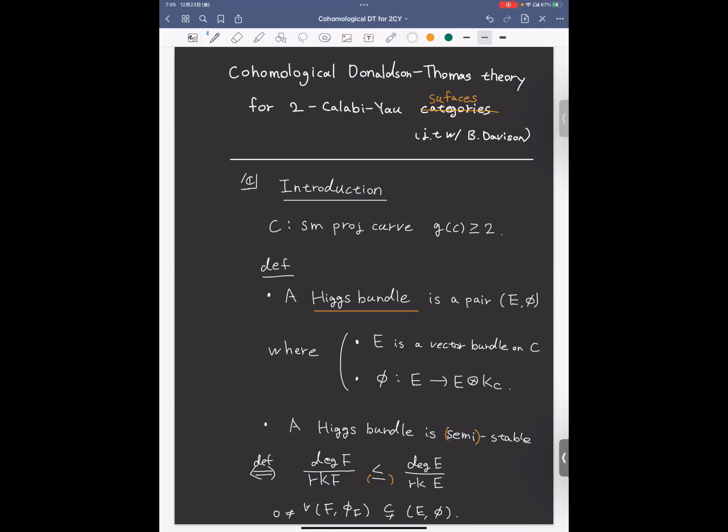Okay. So this is a definition of semi-stable Higgs bundle.